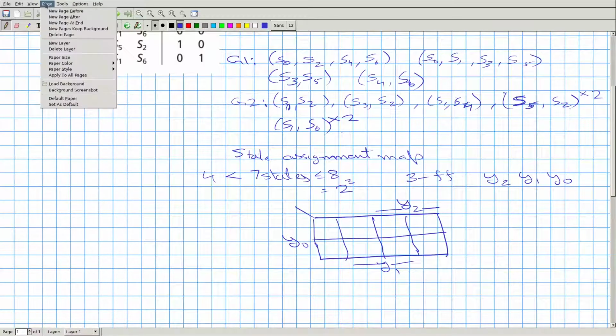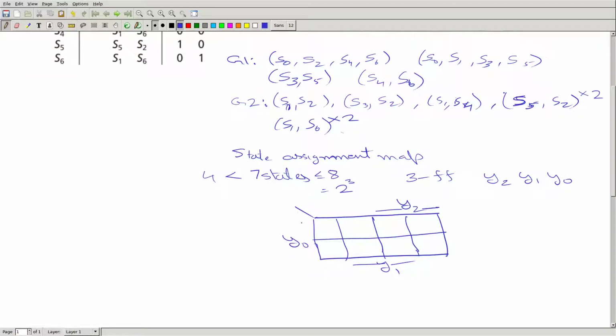This graph is just not helping. So this is here, and let's assign S0 to an arbitrary column, and then we want to make a group of S2, S4, S6. So for now, let's just label them as such. This is a little arbitrary.